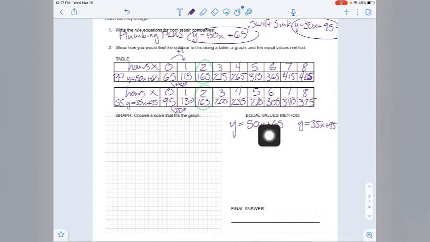Like when is y going to be the same? If I didn't already have this table and I needed to figure this out, I would say, well, when the y's are the same, these are the same. So I'm going to set my x part the same, and I am going to then solve it.